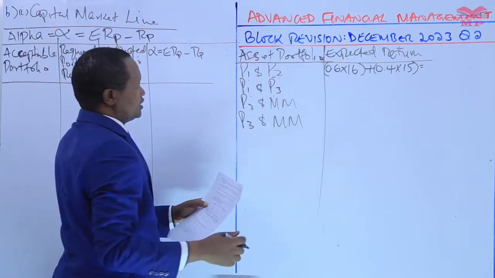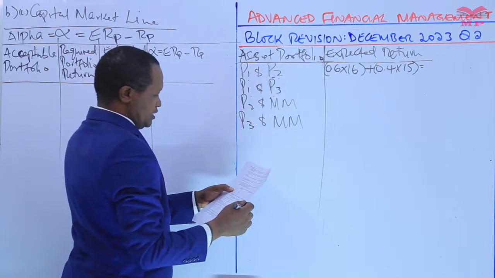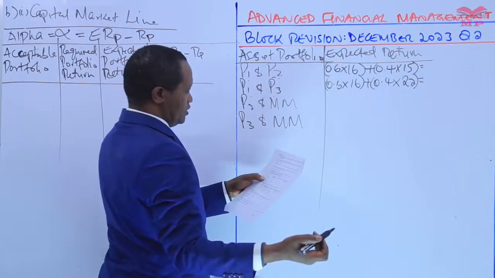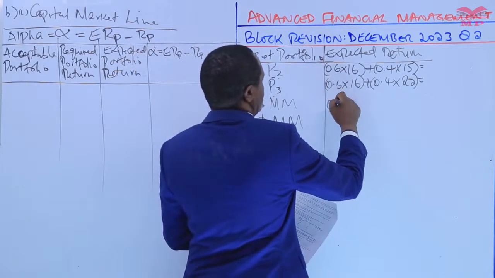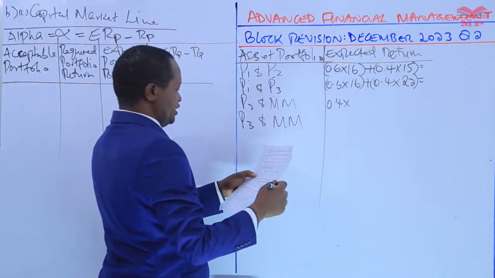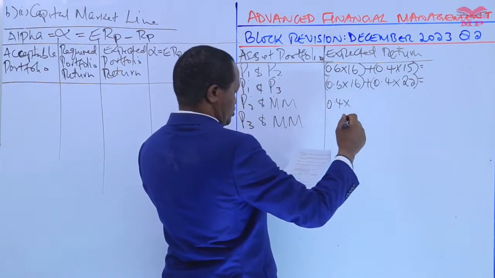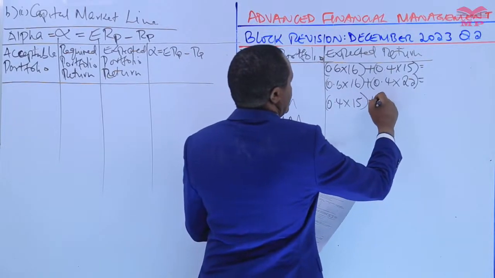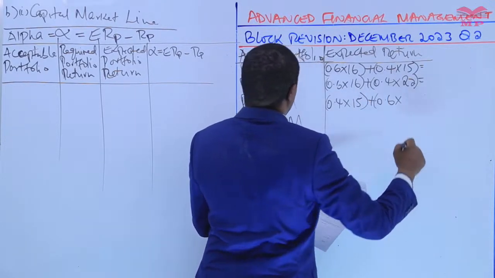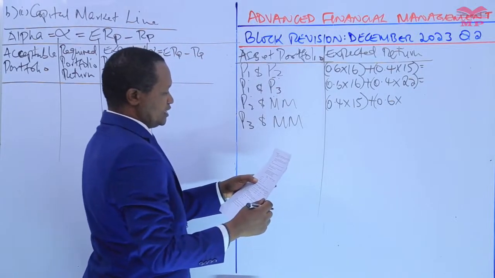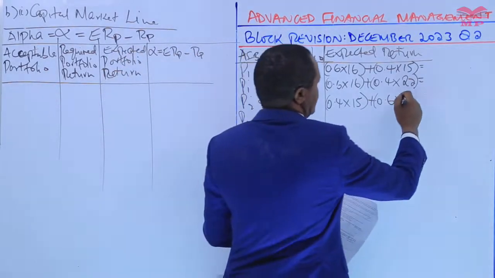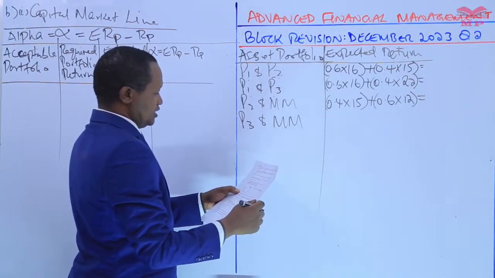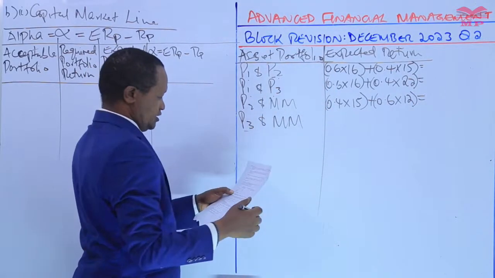We do the same for project P2 and P3. That will be 0.4 times P2, 15%, P2's expected return, plus 0.6 times MM. MM return down there is 12%. Then moving on, candidates, to P3.